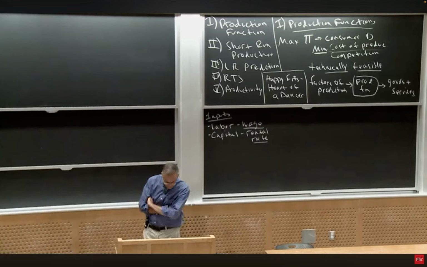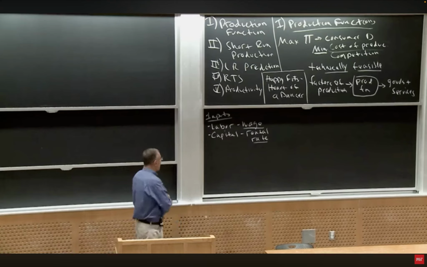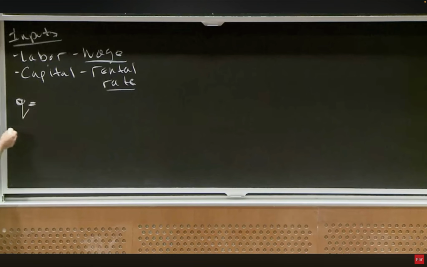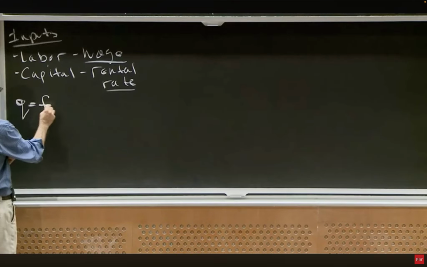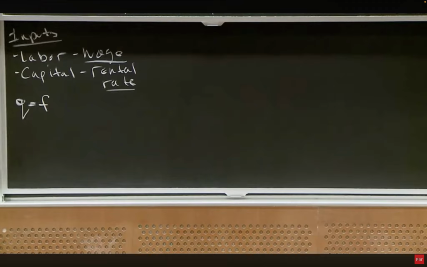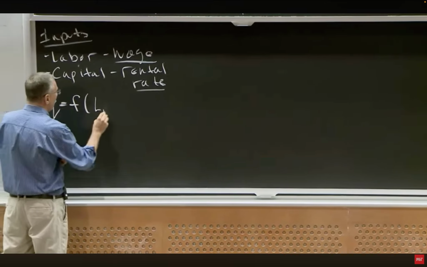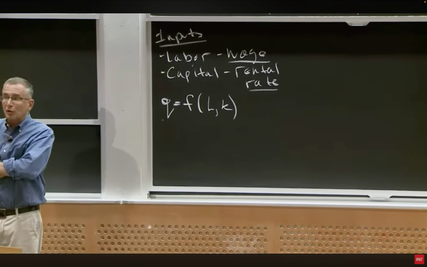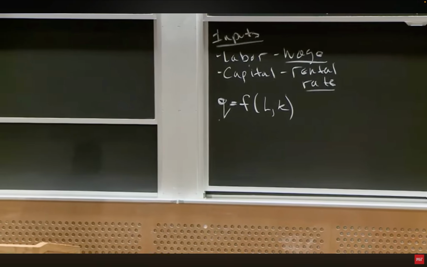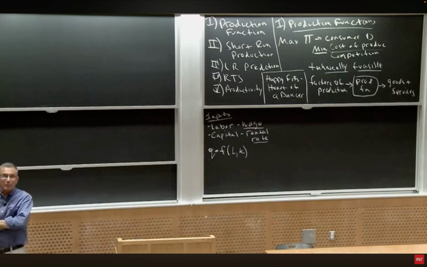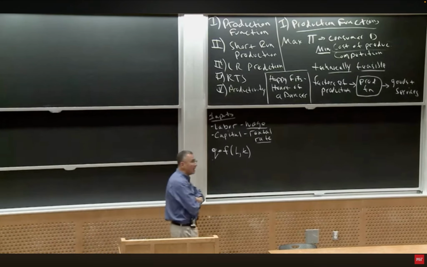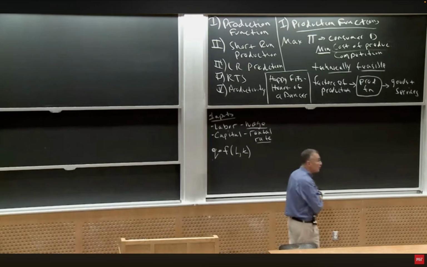Now, the production function is a function F that converts labor and capital into output. Just like the utility function, there are going to be enormous parallels to consumer theory. That's what I drilled into you developing the intuition of consumer theory.